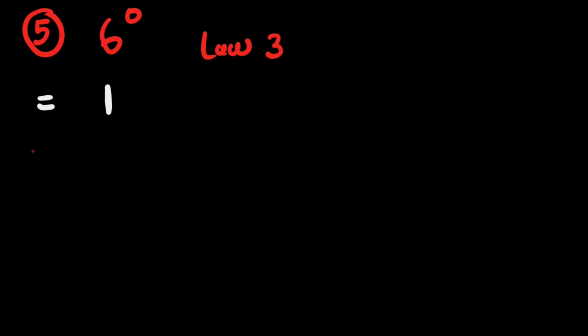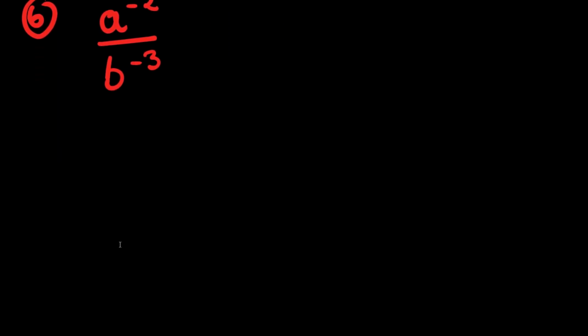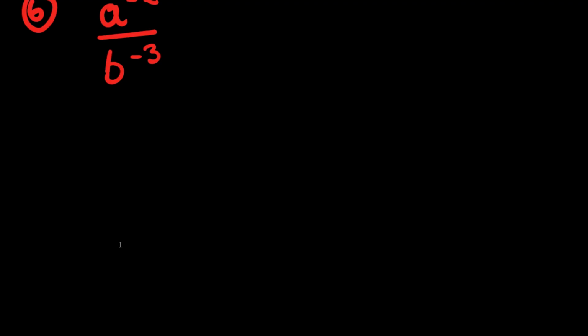Let's take the final question. Question number 6: a to the power negative 2 over b to the power negative 3. You can pause and try it. Which law can best solve question number 6?